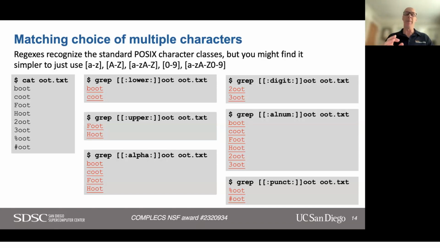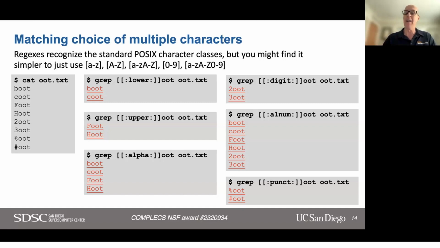Now, one stumbling block with the syntax is that we use pairs of square brackets rather than a single set of square brackets. The reason is when we take square bracket colon lower colon square bracket, that's going to be expanded into the list of letters A through Z. Since that is a set of characters, we actually need to enclose that within the square brackets so that grep will work as expected.